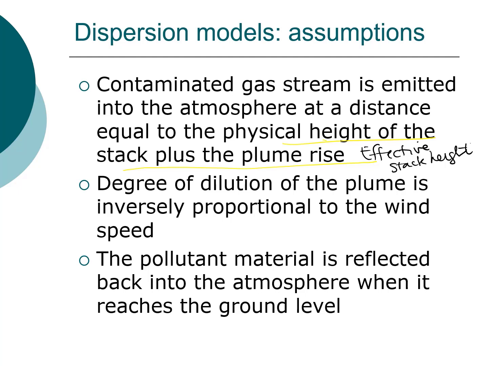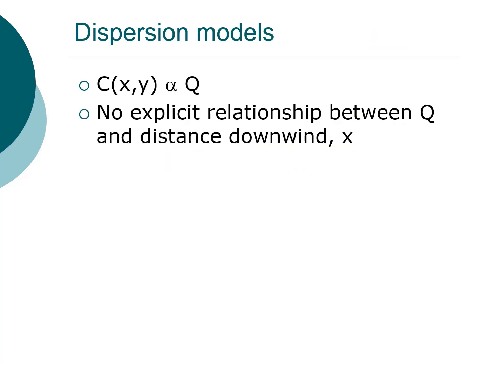And the pollutant material is reflected back into the atmosphere when it reaches the ground level. And that's extremely important in the mathematical equations. We won't derive those mathematical equations, but it's important to know that that assumption exists. Now, from this model, we can determine the concentration as a function of the horizontal distance downwind and also the distance away from the source.